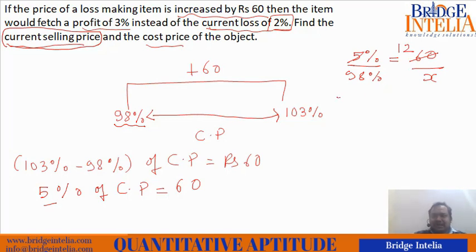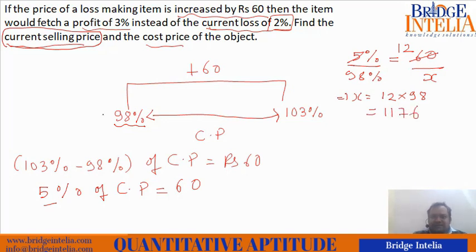So x comes out to be 98 into 12. So 9x is equal to 12 into 98. So this comes out to be 980 plus 196 is equal to 1176.